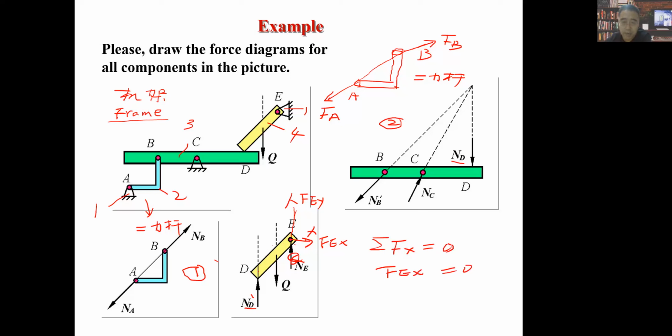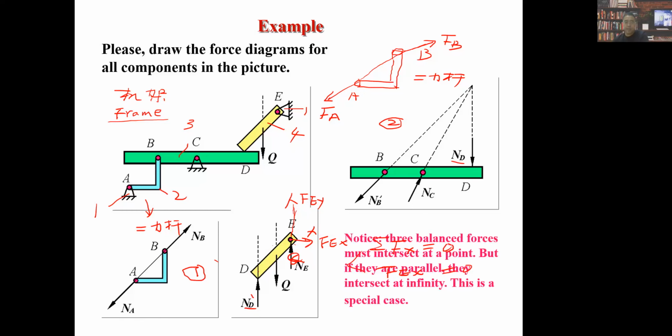So only this NE, actually the FEY, remains. But for us beginners not very familiar with this, we can draw like this. We just need to give this equation and finally find Fex should equal 0. So if you draw like this, it's also correct, right? I think that's the second example I told you.